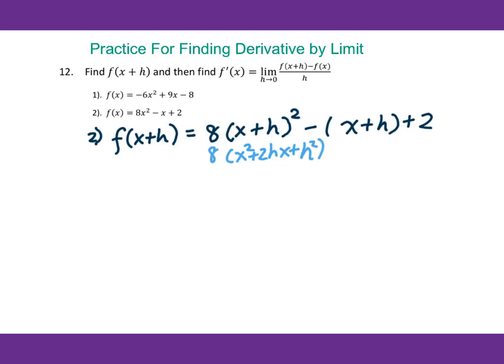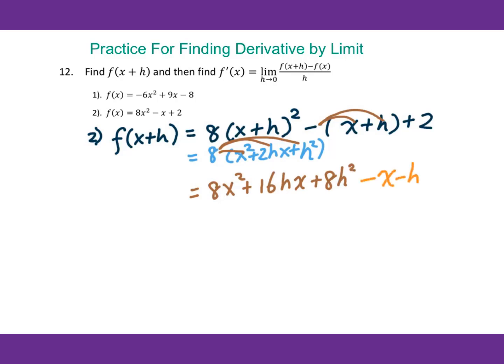Then we drop down this 8. We got to do distributive property. We will get 8x squared plus 16hx plus 8h squared. Then minus x minus h plus 2.